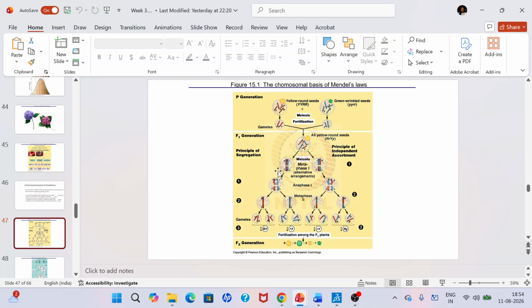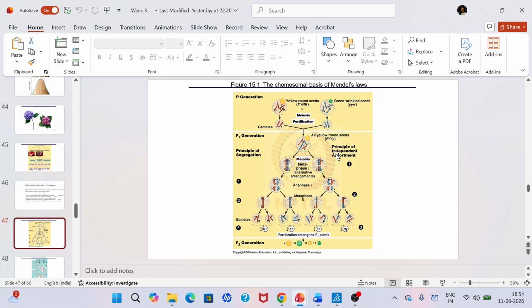The chromosomal basis of Mendel's law: fertilization among the F1 plants. Yellow round seed and green wrinkled seed plants will undergo meiosis and form gametes, and then fertilization will happen. During meiosis, the characters will be segregated and move to different poles to form the gametes.